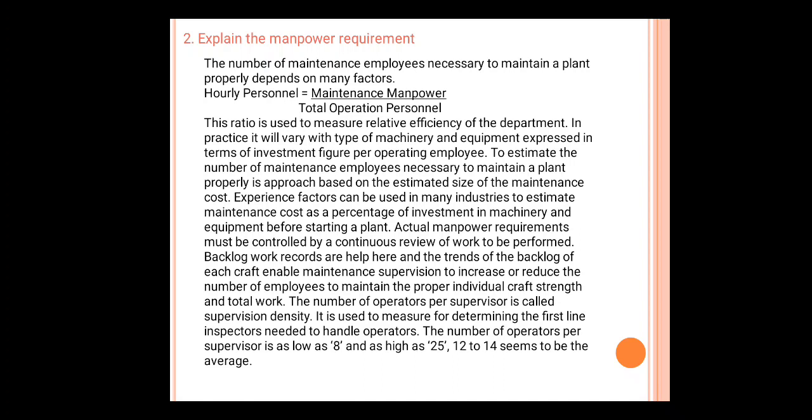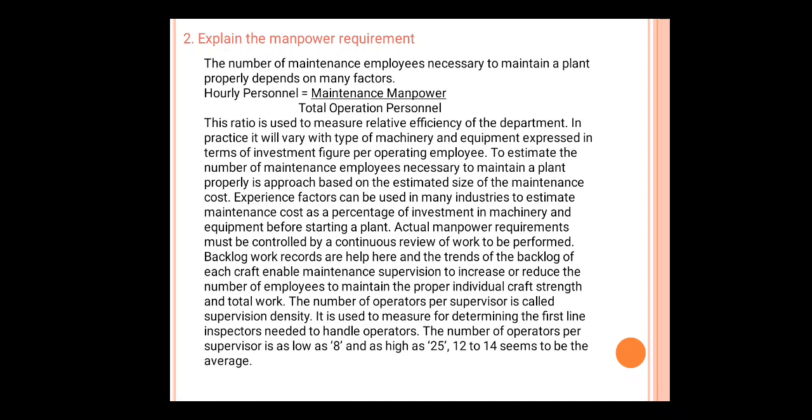In practice, it will vary with the type of machinery and equipment, expressed in terms of investment figure per operating employee. To estimate the number of maintenance employees necessary to maintain a plant properly, the approach is based on the estimated size of the maintenance cost.